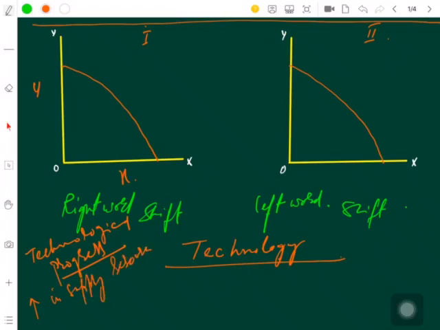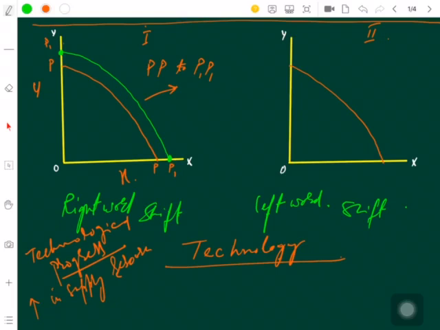The resources increased. What will happen? We will be able to produce more of both goods, more of X as well as more of Y. So our production possibility curve will shift like this. We can also name it. Our first production possibility curve was PP, and our next is P1, P1. So the shift took place rightwards from PP to P1, P1. So it is an outward, rightward shift due to technological progress.